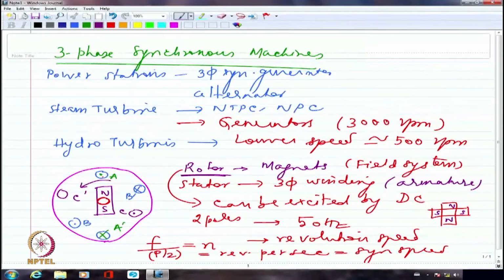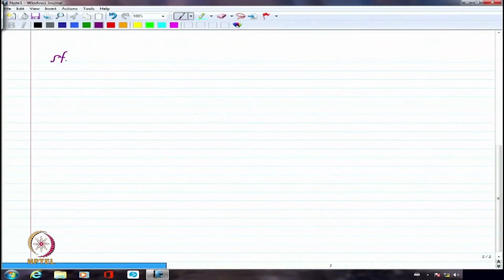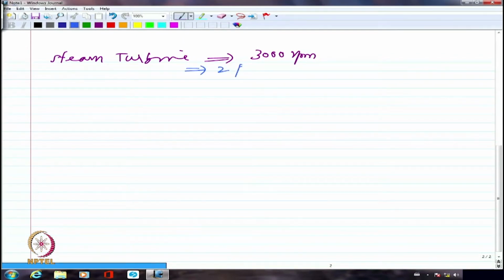Normally, the steam turbine based alternators which work in thermal power stations work at extremely large speed, normally 3000 RPM. As a rule, steam turbine based alternators work at 3000 RPM, which means I will have only two poles in this case, or one pole pair.